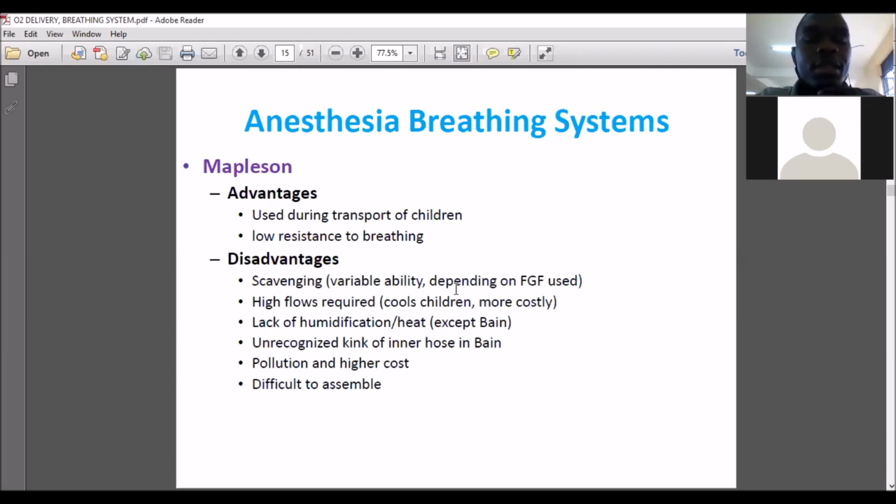Then there can be an unrecognized kink. Because it's not unidirectional, in case there is a kink, you may not notice. But with the other one, because it's unidirectional, you can recognize it. It also pollutes because what you're breathing goes out, and it is difficult to assemble.